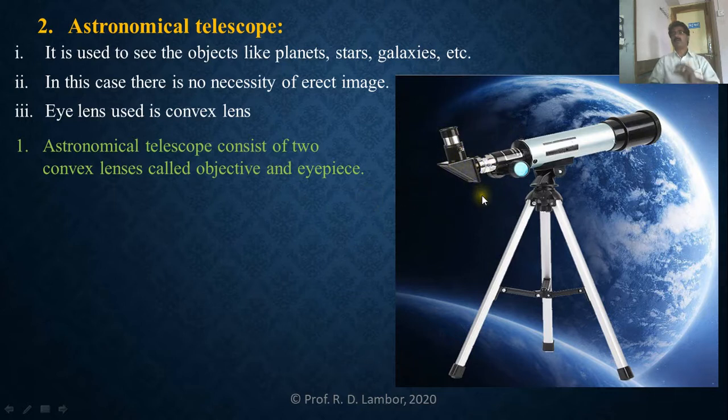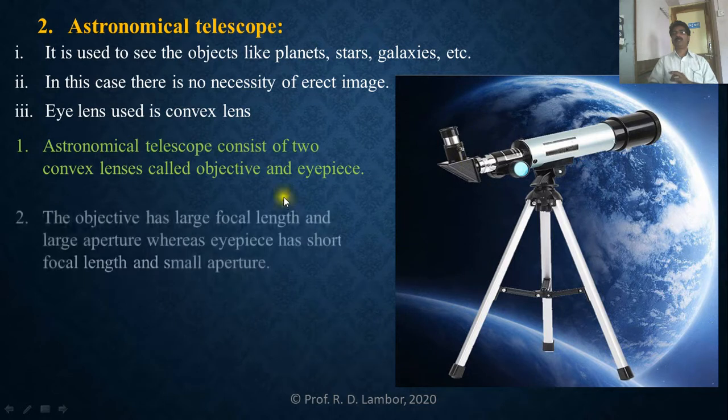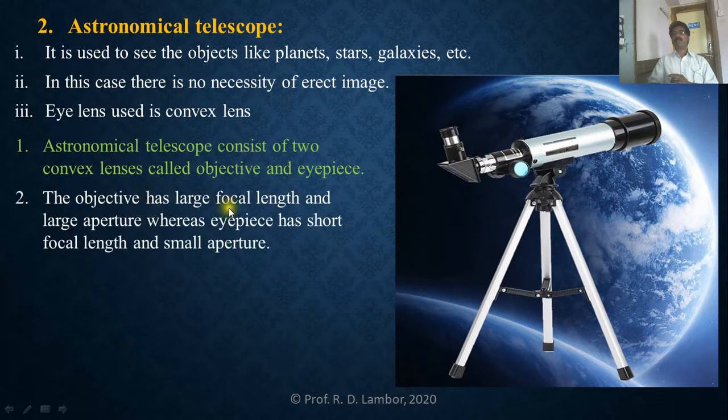Now, if you compare the focal length and aperture of both objective and eyepiece, we come to know that the objective lens has a large focal length and large aperture. You can see the size of the objective here and the size of the eyepiece. The objective has a large focal length and large aperture, whereas the eyepiece has a short focal length and small aperture.